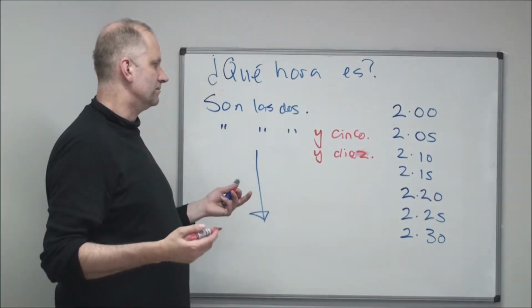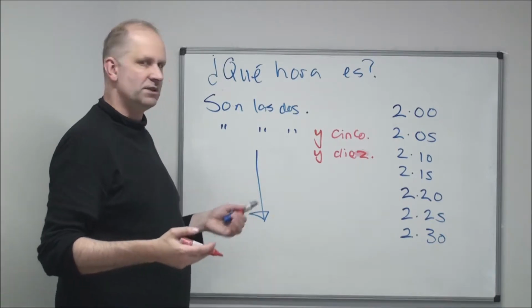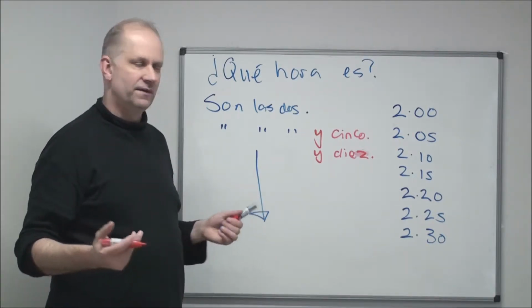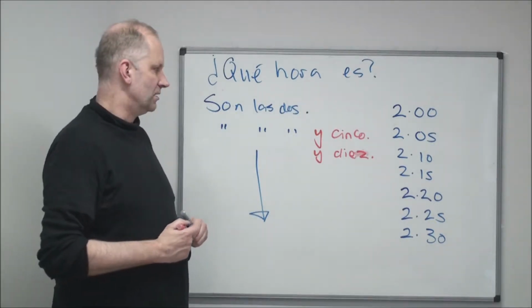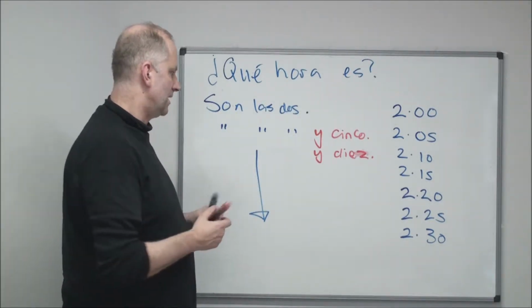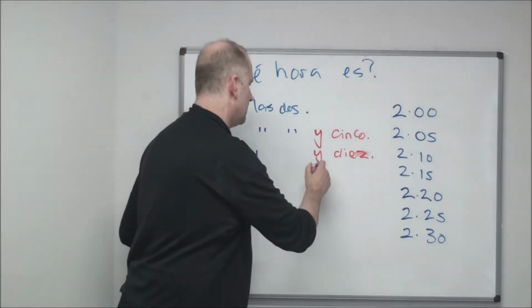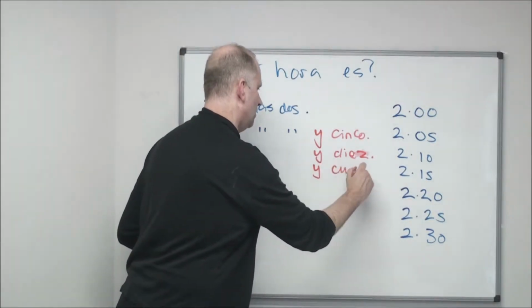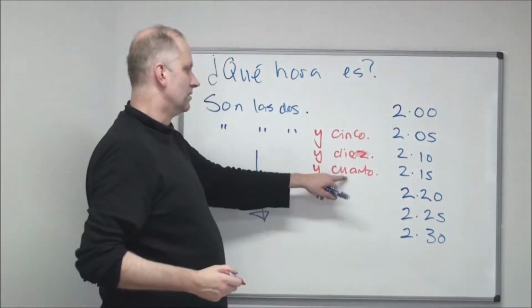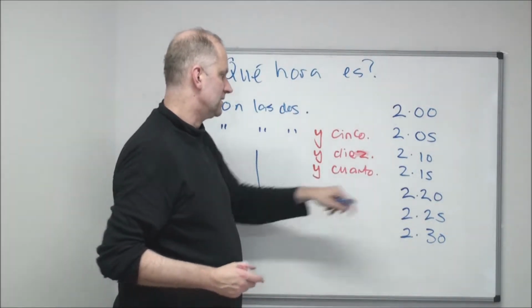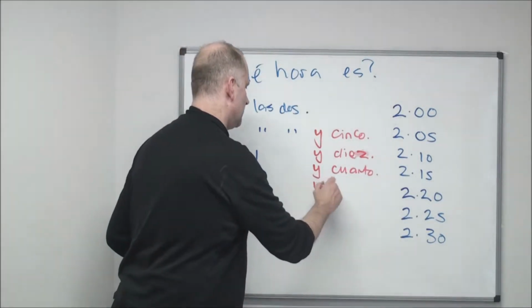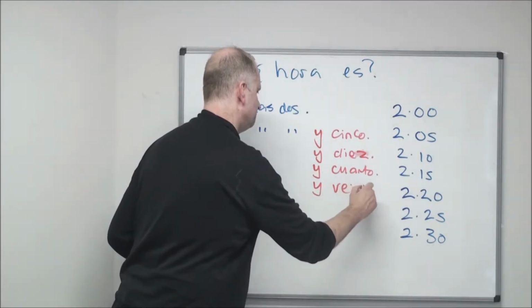If it was 2:15, it'd be son las dos y quince, meaning 15. But the more traditional way is to say son las dos y cuarto. Cuarto meaning quarter. Then we go back to 2 o'clock and 20, son las dos y veinte.